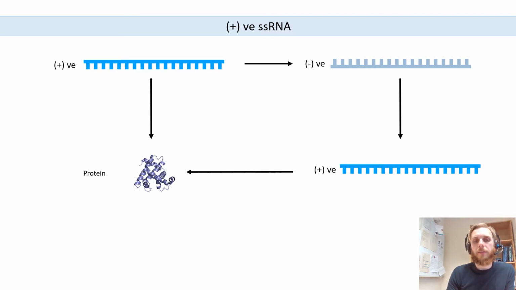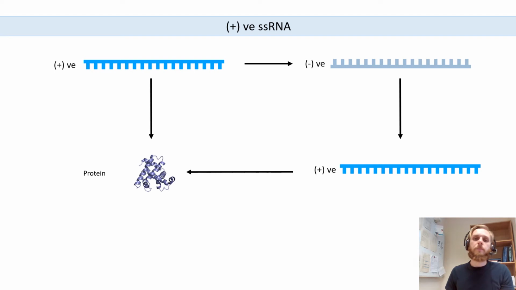Why does the virus have to go from a positive genome to a negative genome to a positive genome again to produce protein? The reason for this is something we talked about last week. If you have a positive sense single-stranded RNA genome, you can't make another positive sense copy of that without using a negative sense intermediate.